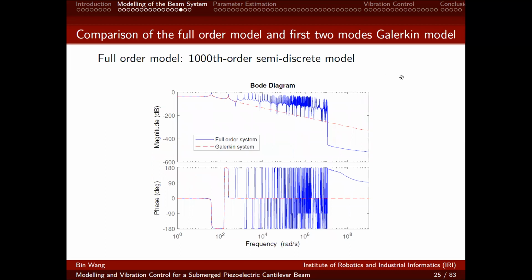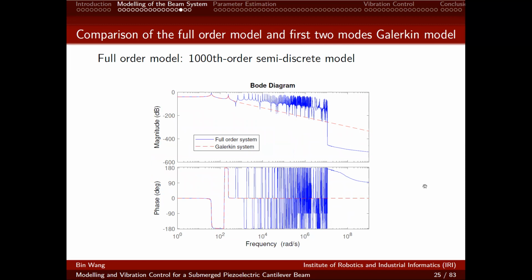We also compared the forward model with the first two modes Galerkin model. We can see the two vibration modes are preserved, and the other high frequencies are ignored.